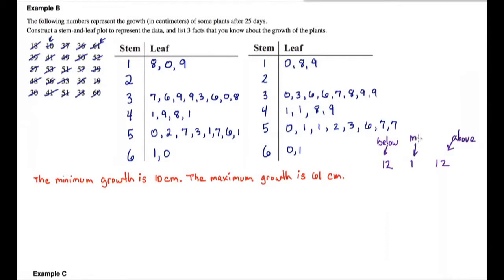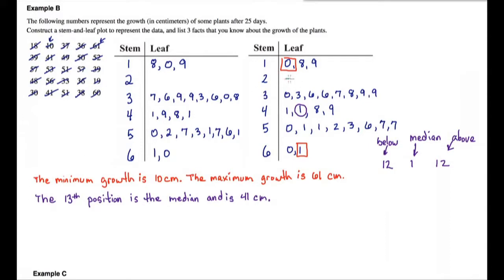There are 25 values, so that means there are 12 below and 12 above the median value. So the median value is the 13th position. We can just count on the stem and leaf plot 13 values, and we end up at 41 centimeters. So 41 centimeters is the median.